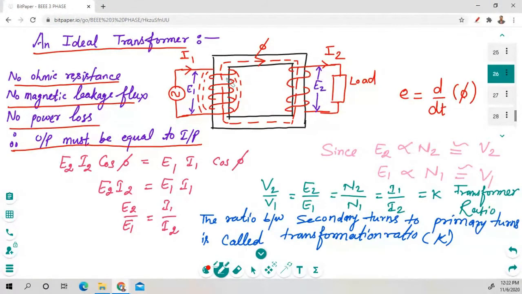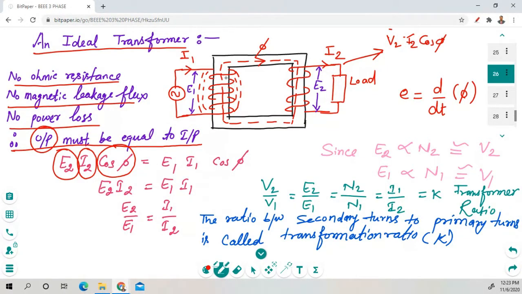So, how to calculate this output? In the output side, we have used voltage as E2 and current as I2, and then we have to use the angle cos of phi. In the previous efficiency derivation, we calculated this V2 into I2 into cos of phi.